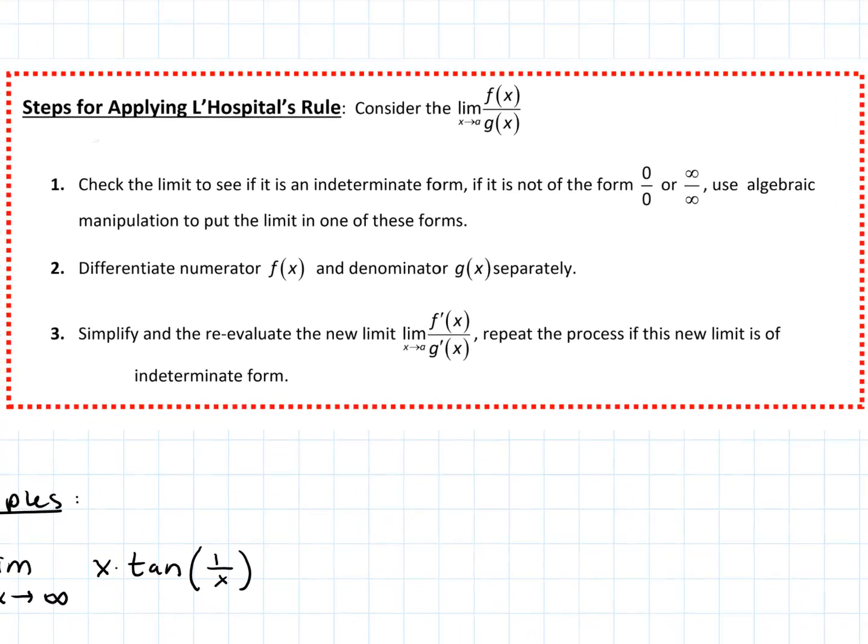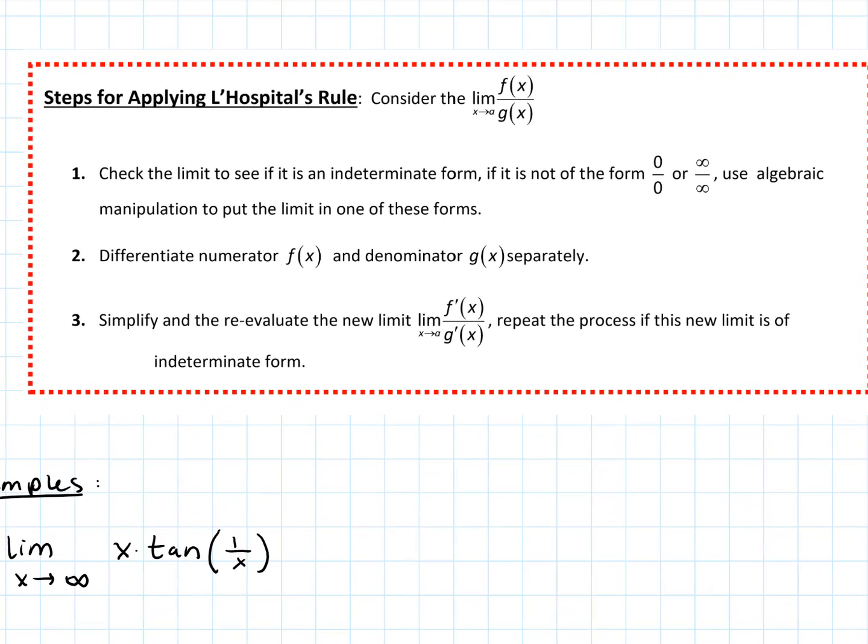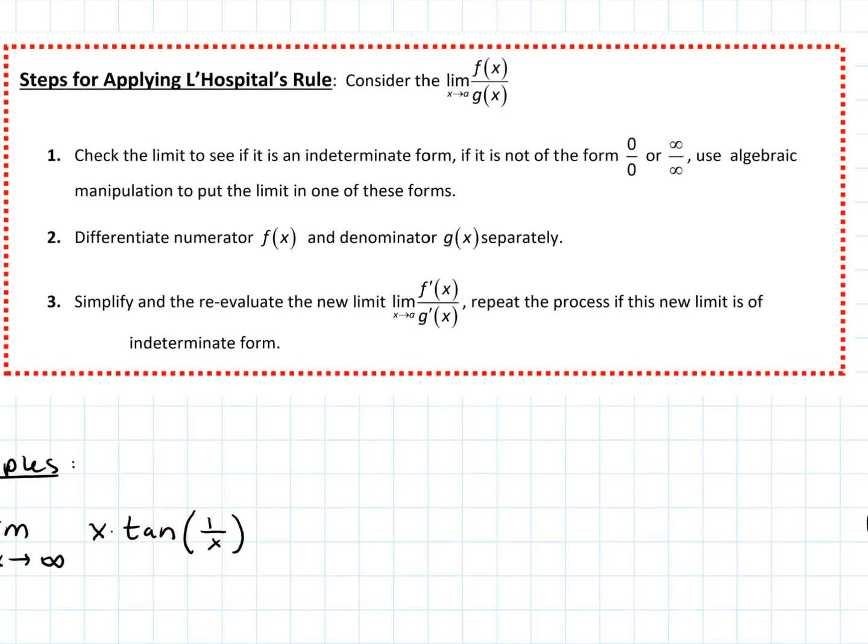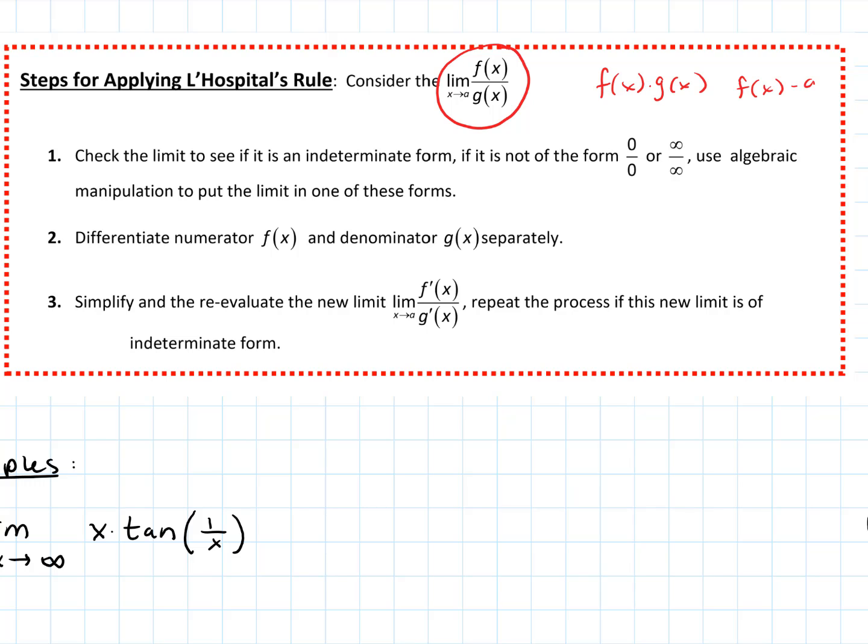Let's get our steps for applying L'Hopital's rule up here on the screen, and let's talk about what we can do here. Okay, so this is what we worked with on the last video when we had a quotient. Well, what if we're not in a quotient? What if we're f of x times g of x? Or what if we're f of x minus g of x? Well, that's what I was just mentioning.